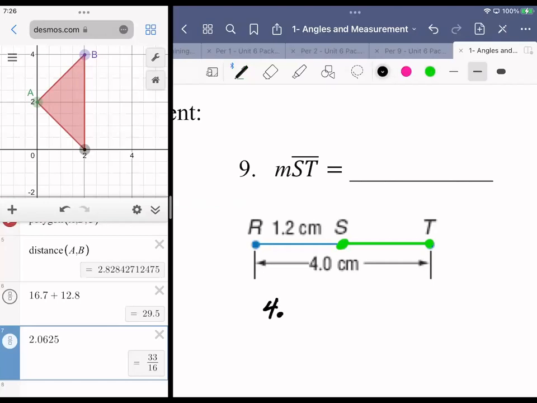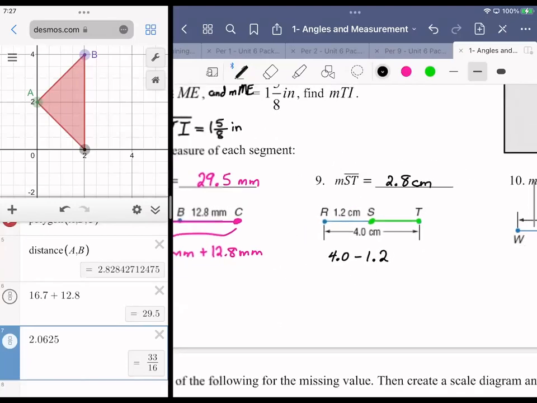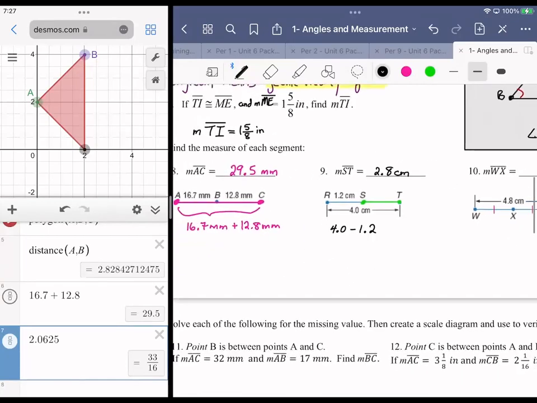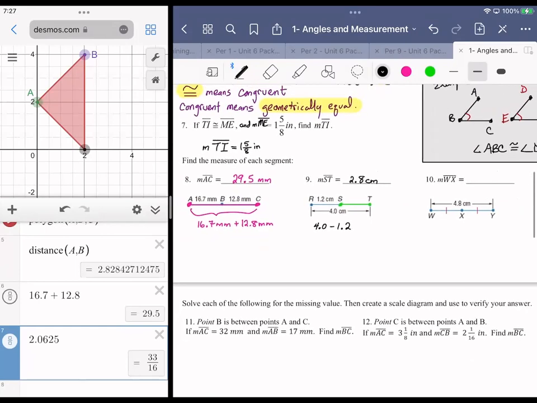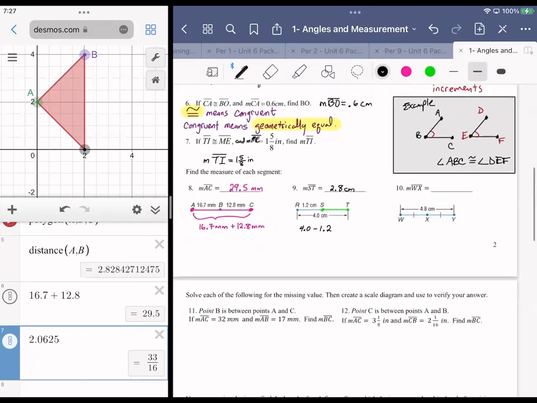Computationally, it's just 4.0 minus 1.2, or 4 minus 1.2, right? In which case you get 2.8 centimeters. All right, so a little addition, subtraction, stuff like that, but nothing too crazy.